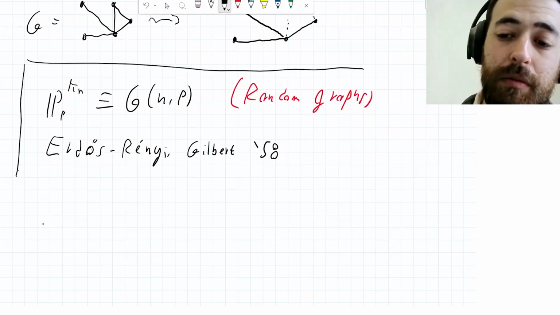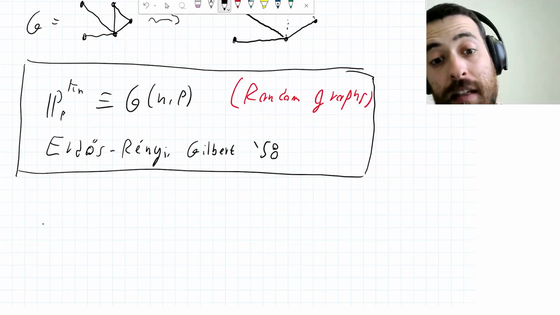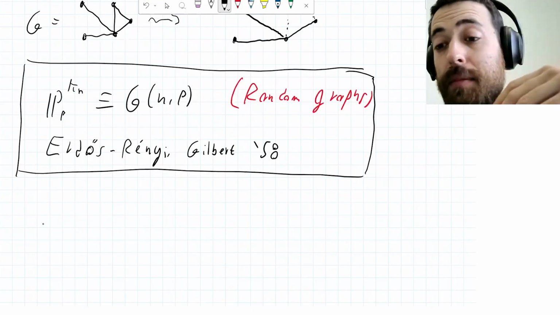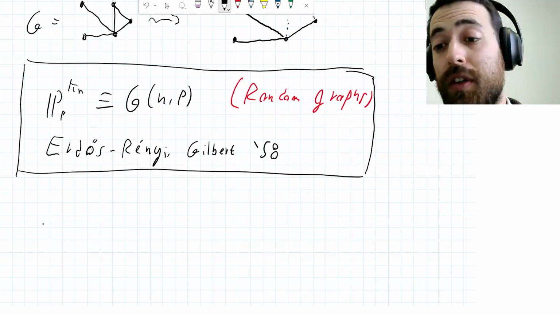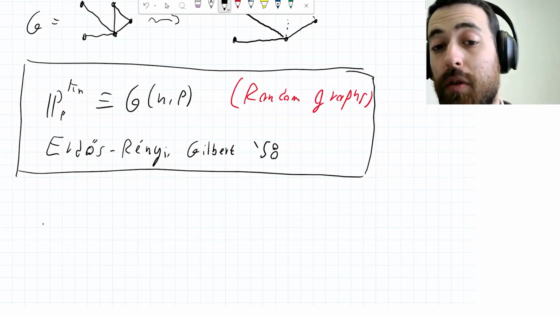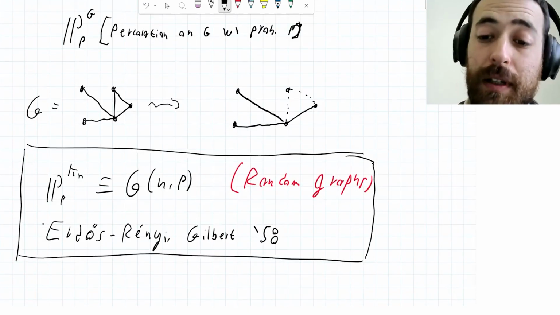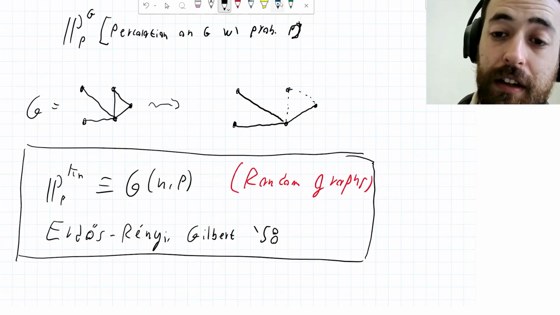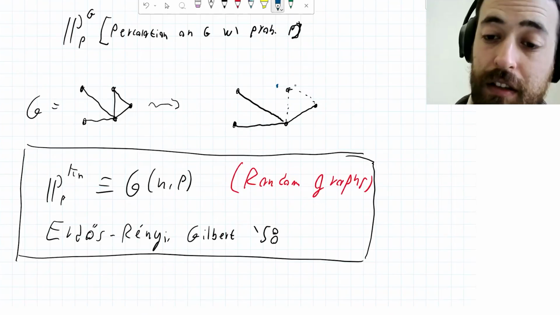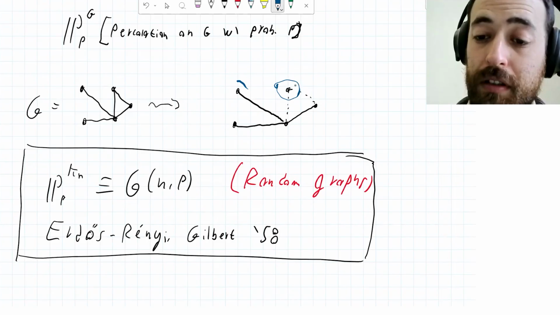Usually when we think about random graphs, we take some graph and its random subgraph, and we are interested in the combinatorial properties of this object, but we are also interested in its connected components. What do I mean by a connected component? For example, here this thing is a connected component, and this is another connected component.